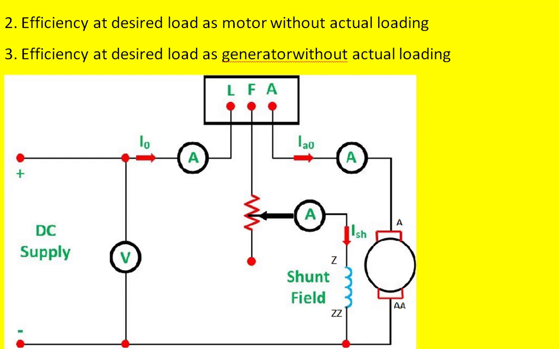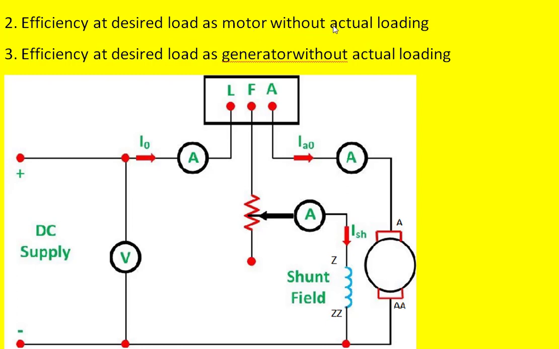Let me summarize once again. With the help of the Swinburne test, we could find the constant loss under no load condition of the shunt motor, and then we observed how to calculate the efficiency of the DC machine when it acts as a motor at full load condition and at half full load condition.